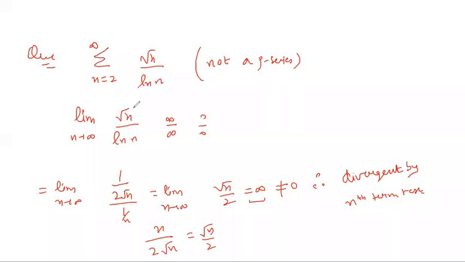Infinity by infinity came, so we applied L'Hopital and differentiate. The derivative of root n is 1 by 2 square root n. The derivative of log n is 1 by n. I just took this n to the numerator, so this is n by 2 square root n, so it will cancel to square root n by 2, and that is infinity.